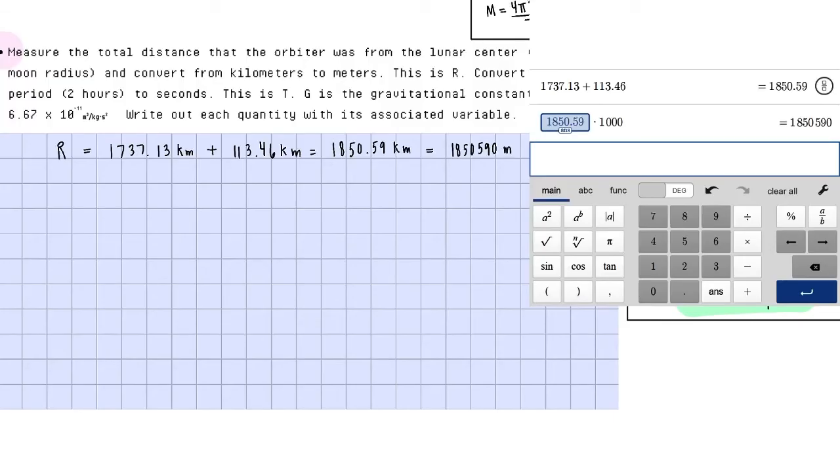I just added those two numbers together using Desmos, and I got 1,850.59 kilometers, and then to convert that to meters, you have to multiply by 1,000, and so here is my final answer.